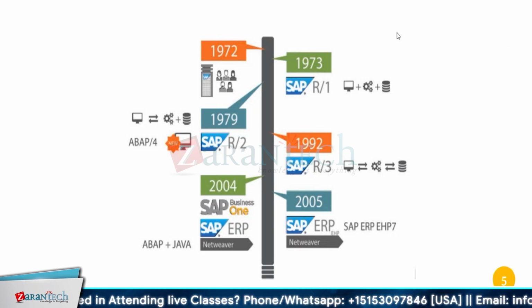Then came the internet era and the integration era, I can say. So 2004 to 5, this was the introduction of ECC and then the SAP NetWeaver component. ECC, when I say it's the ERP Central Component, as we all know, it was short form ECC. So finally, ECC was launched in 2004 and 5. During that time, it had a lot of advancements as well.